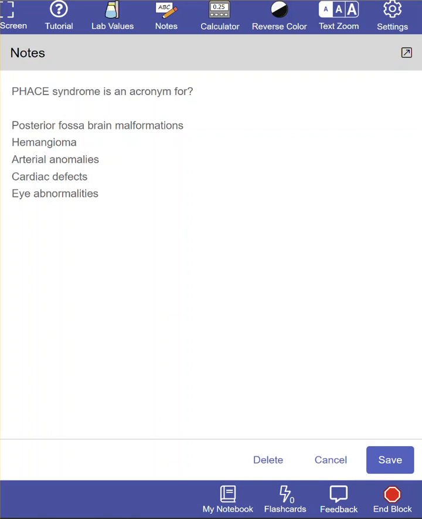So FACE is, this is a note I took on a question that I didn't think was high yield except for the acronym FACE, which is kind of like VACTERL, it's like a bunch of associated pathologies that, if you know about them, can help you answer any of these questions. Any of these 5 pathologies might be associated with any of these 5 pathologies. So you can get a question where eye abnormalities are associated with cardiac defects, arterial anomalies are associated with hemangiomas, and so you usually get 2 or 3 or 4 of these in one question, but it's nice to know what all of them are.